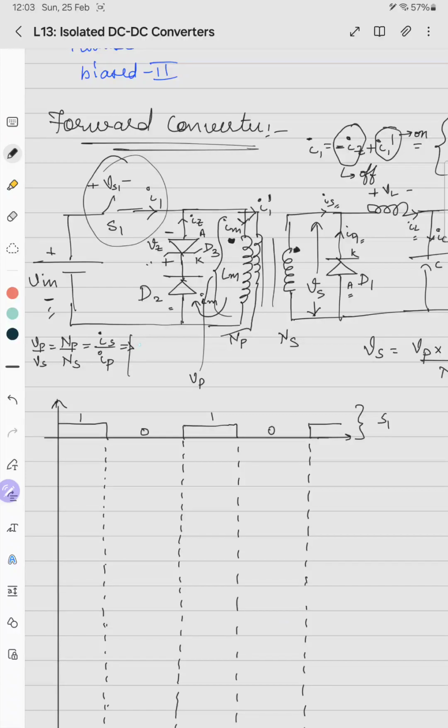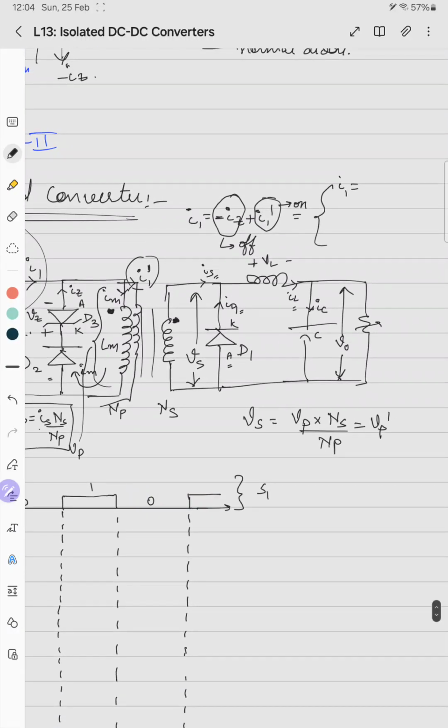So we have to draw I1 dash. I1 dash is the current seen at the primary, so it is Is into Ns by Np. So here it is I1 dash and here it is Is.